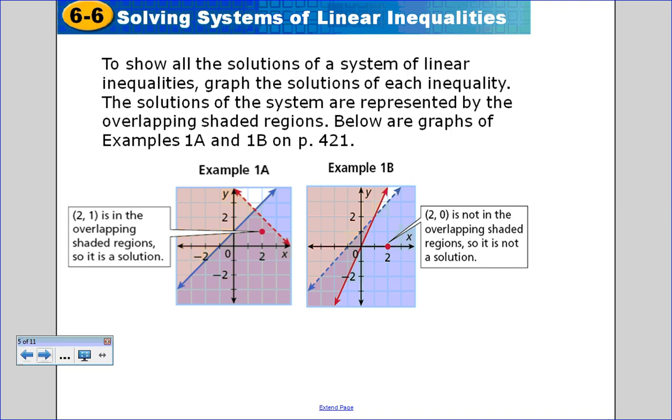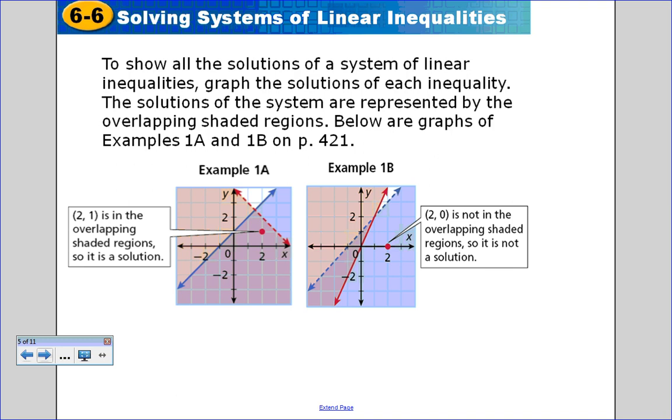Here's a nice little thing. If you need to pause it and take a look at this and start understanding what it means, I'm going to explain it, but if you don't get it, pause it, reread, and just stare at it till you understand. All right, to show all the solutions of a system of linear inequalities, graph the solutions.